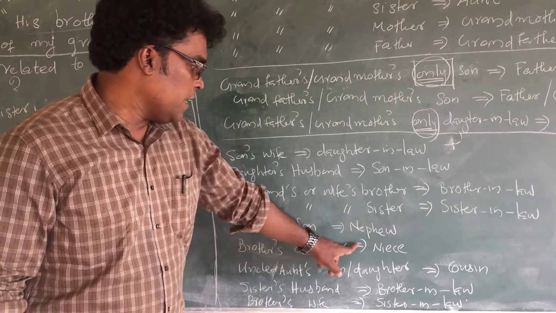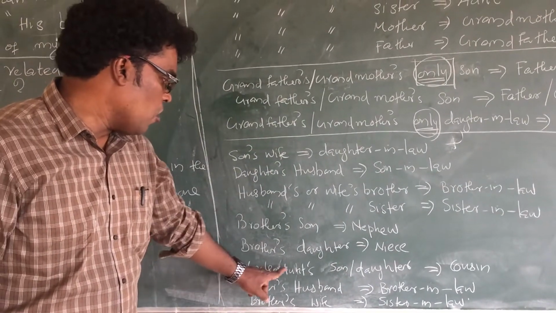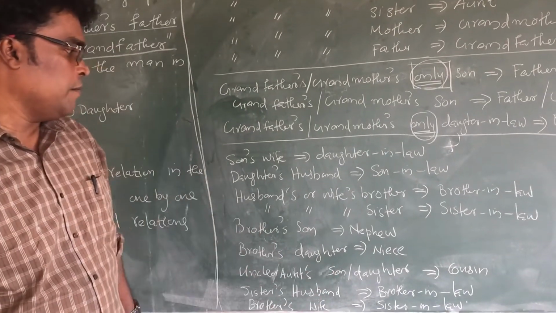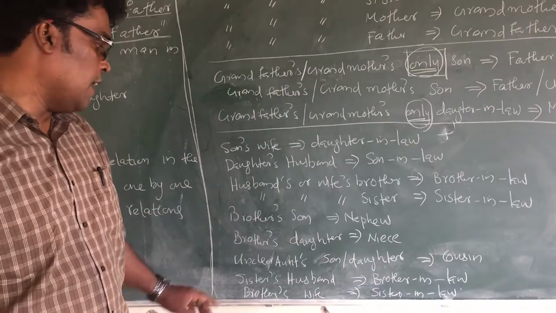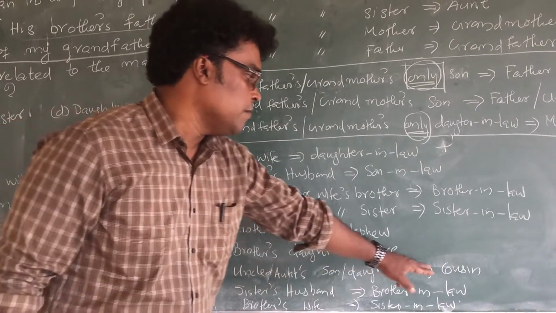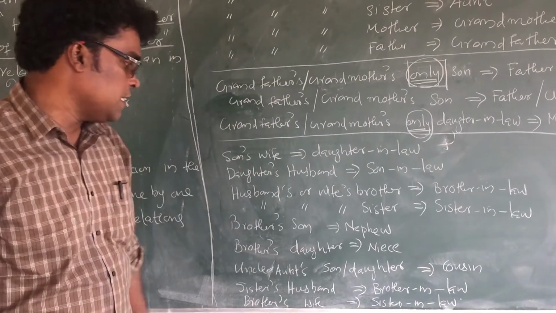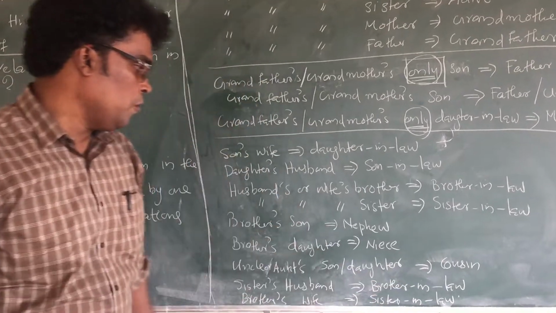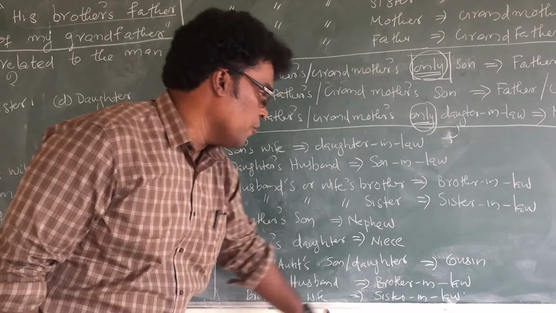Brother's daughter is niece. Uncle or aunt's son or daughter is cousin. Sister's husband means brother-in-law, and brother's wife means sister-in-law.